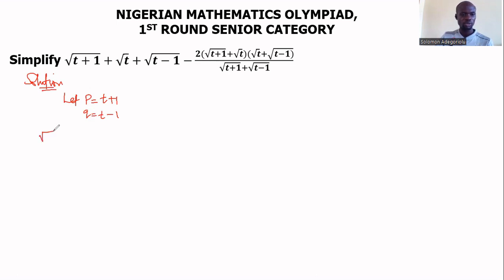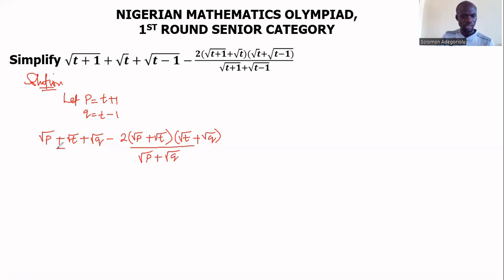This becomes square root of P, plus root T, then plus root Q, then minus 2 into the bracket: t plus 1 is P, that's root P plus root T, close bracket, and the other one, root T plus t minus 1 is Q, that would be root Q, close bracket. Then this over t plus 1 is P, that becomes root P, plus root Q.